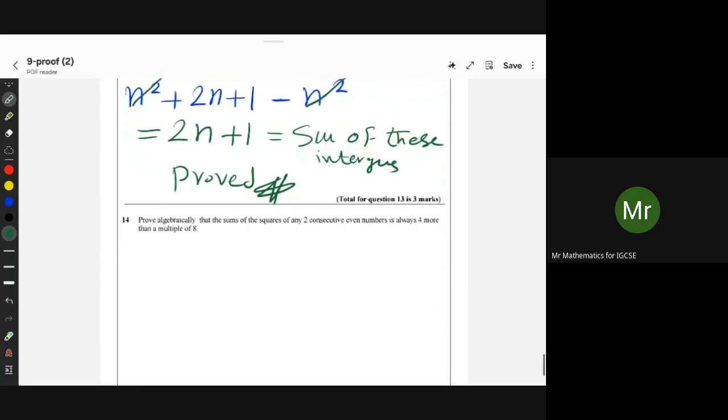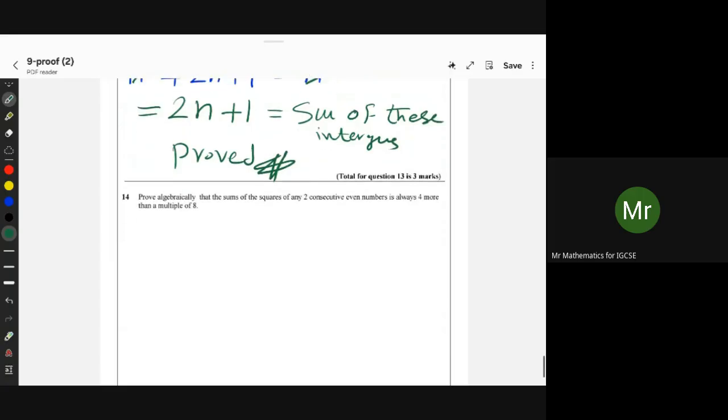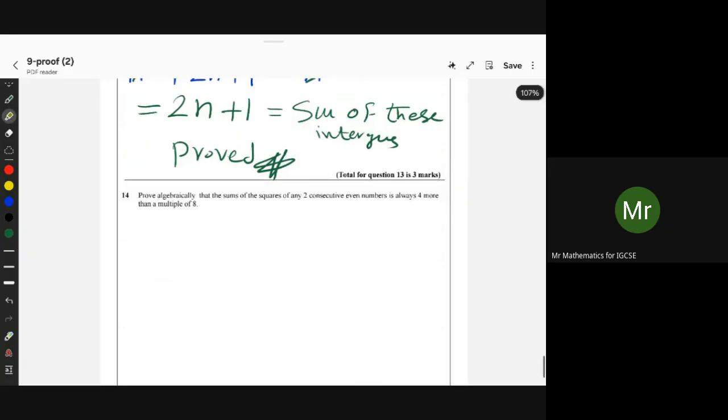Okay. Prove algebraically that the sum of squares of any two consecutive even numbers is always 4 more than a multiple of 8. Okay, what? Again. The sum of the squares of any two consecutive even numbers. Sum of the squares of two evens, which are 2n and 2n plus 2. He said the sum of the squares, so we need to square them. And he said sum, so add them.